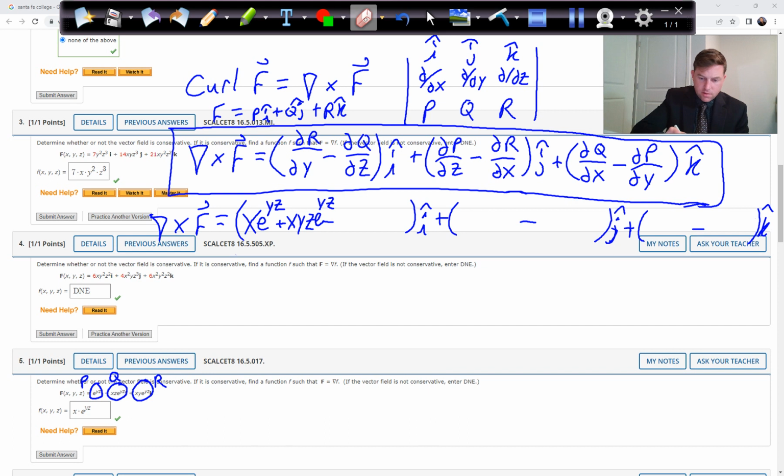Okay, so that one's a little interesting. You've got product rule there to account for. So two terms for that dr dy. Minus dq dz. dq dz is very similar. It's going to be x e to the yz plus xyz e to the yz.